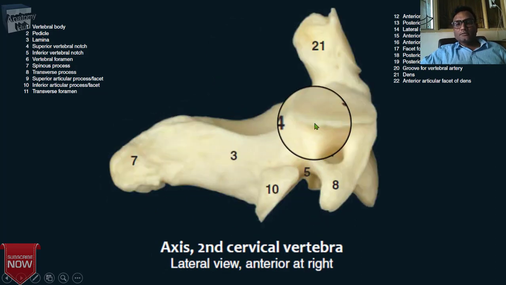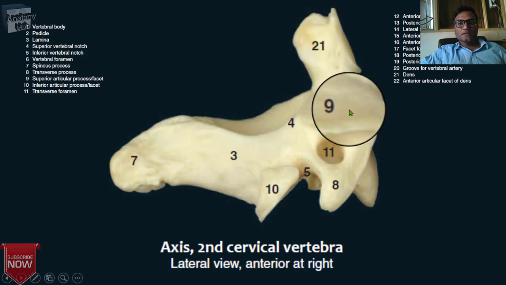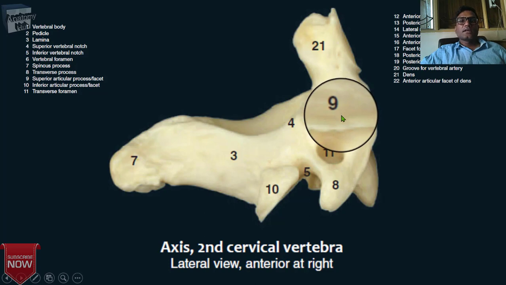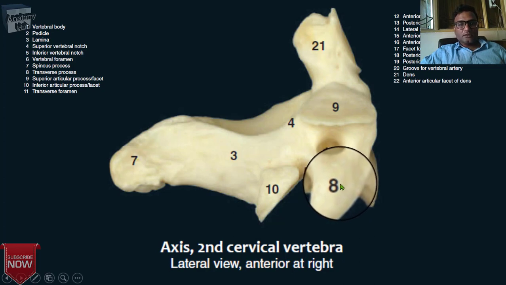This is the lateral view. Here you will find the odontoid process and again the superior articular process, and here you will find the foramen transversarium, and this is the transverse process of the axis.